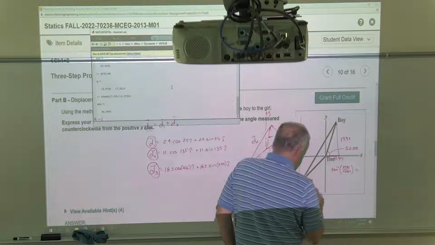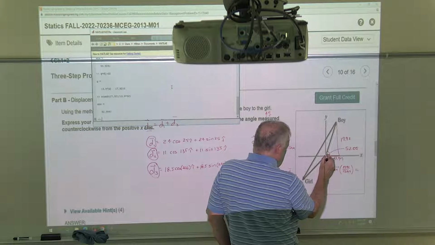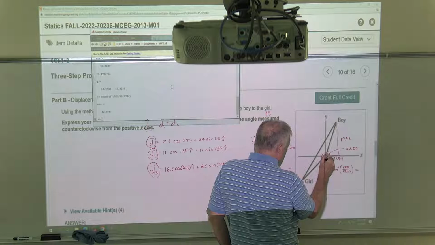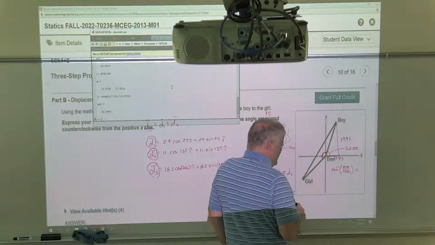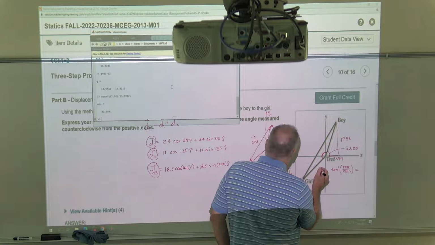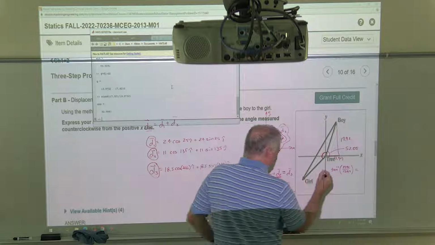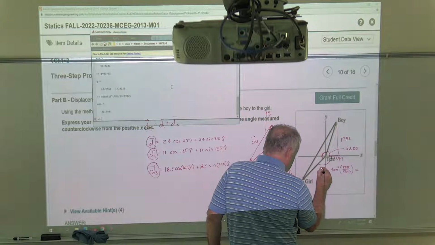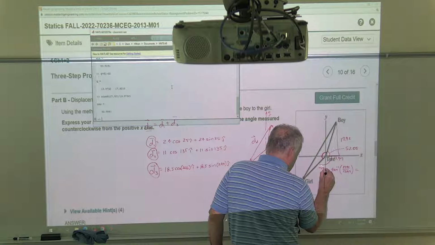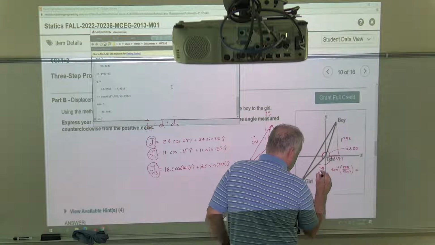So then you're looking for this angle. That's what you were going after? Okay. The other angle, 114. This was minus 114, right? So I just added 114 plus 52, and then subtracted that.